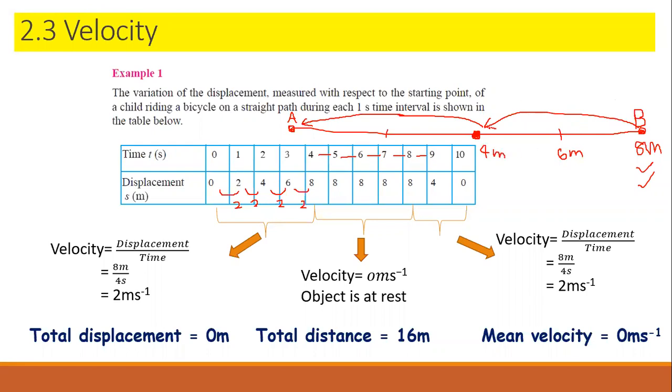The reason is he has come back. And then here again 2 meters. So here it is 0. So once we have a table like this with zeros at both points, we have to identify that displacement is 0. The reason is he has come to the starting point.